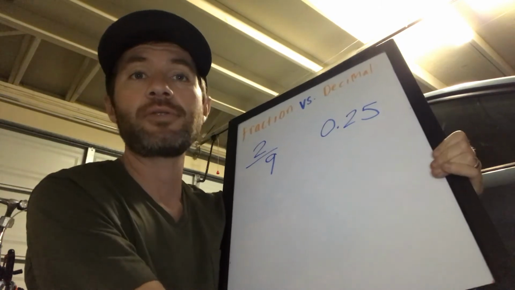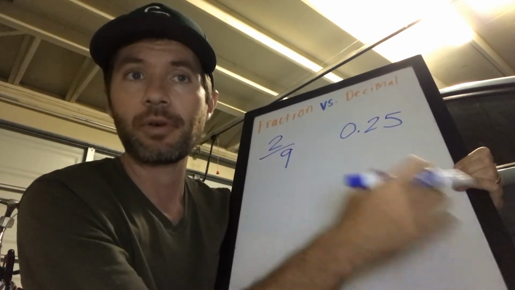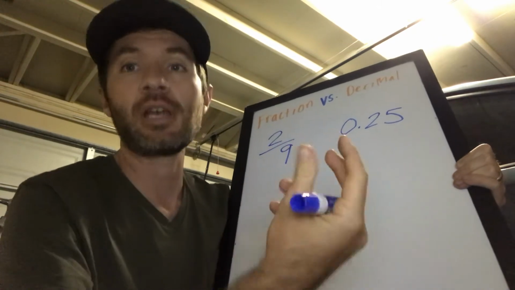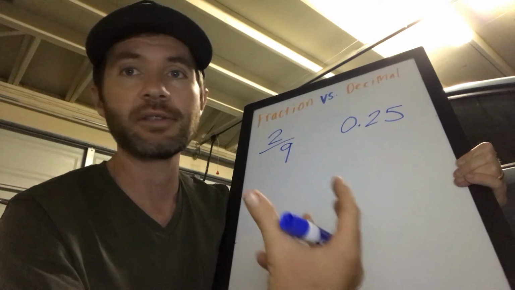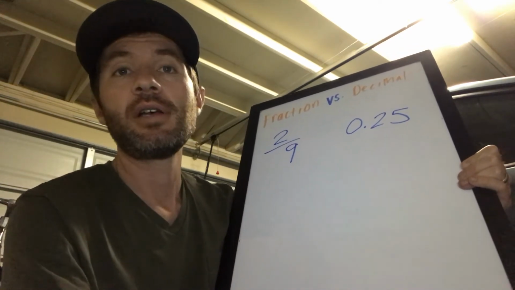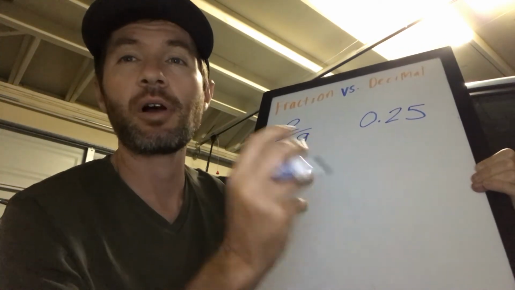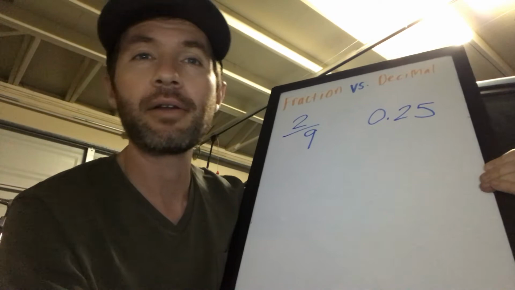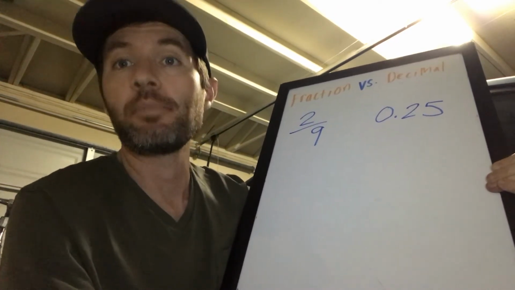Now, when we compare two numbers that are in different formats, fraction versus decimal, we need to change one into the form of the other, so that we can look at them side by side. Today we're going to take the decimal number and change that into a fraction number, since we already have some background info on that. And then we'll be able to much more easily compare them.